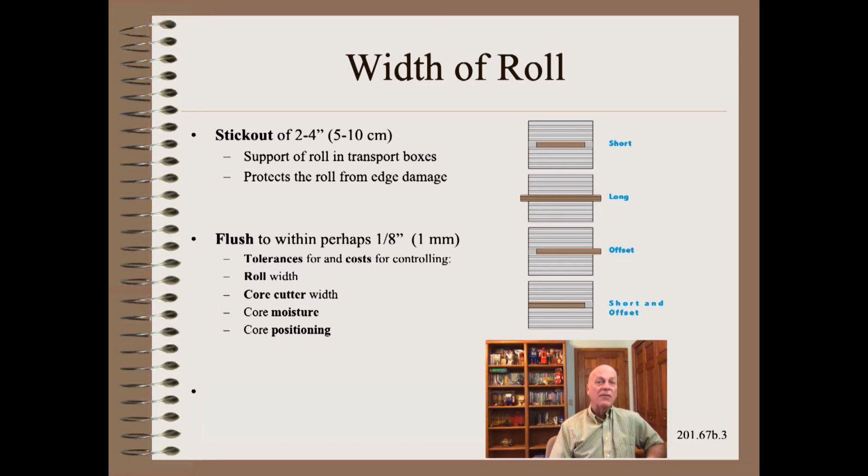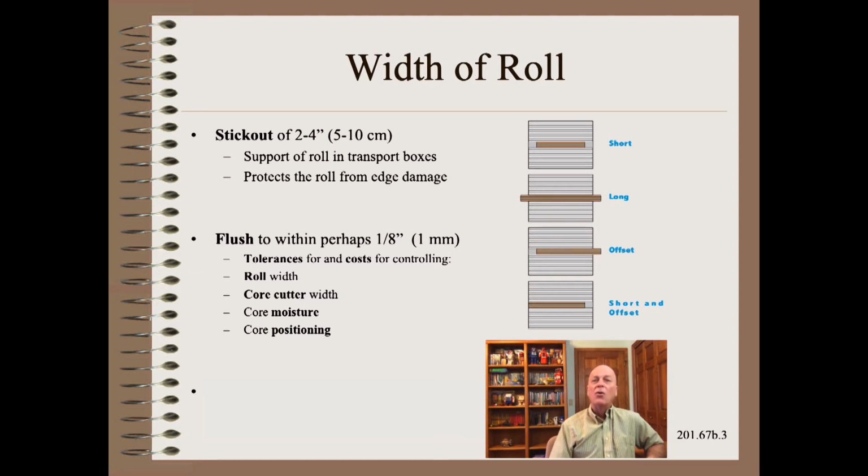A maximum variance could be a tolerance specification, such as the core can stick out no more than 1 millimeter out beyond the edge of the roll, nor can it be as much as 2 millimeters inside the edge of the roll.